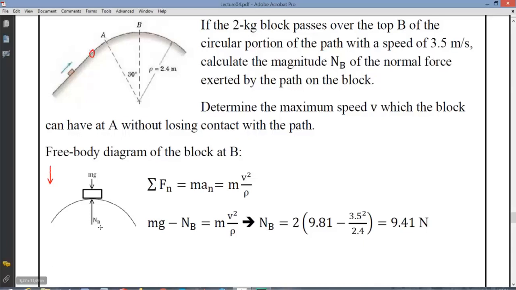So here we have the forces acting on this block as mg and then the normal force. Now the question is, is there an acceleration there? Now when you take a look at the information about the speed, it's just 3.5 meters per second, so it's not talking about any acceleration.